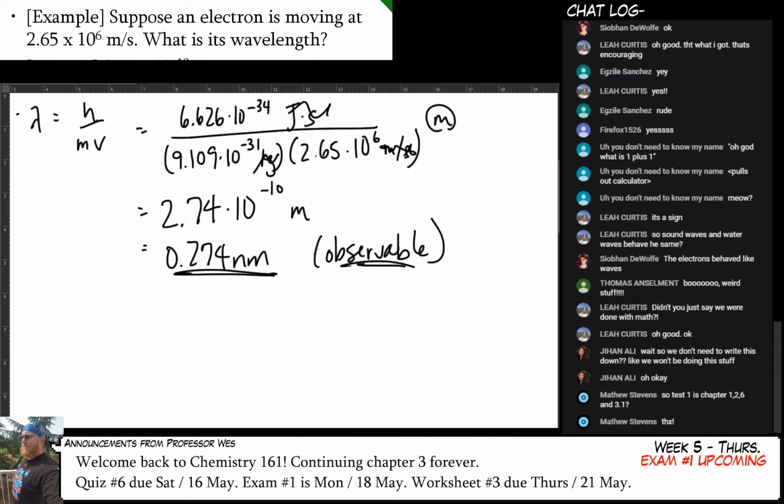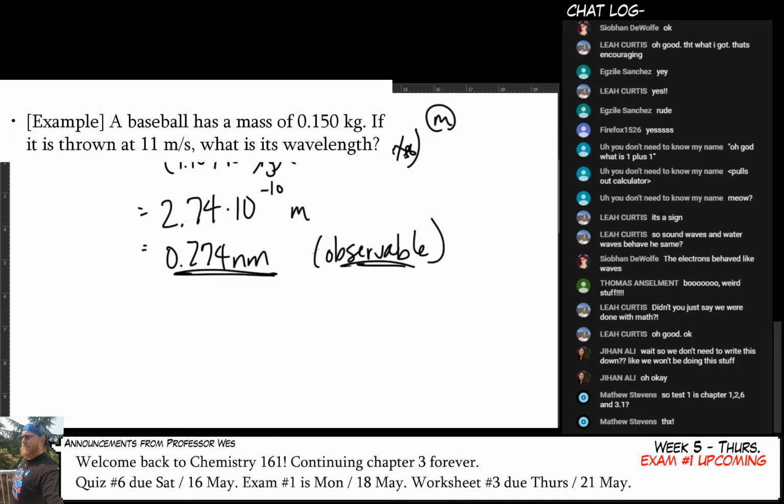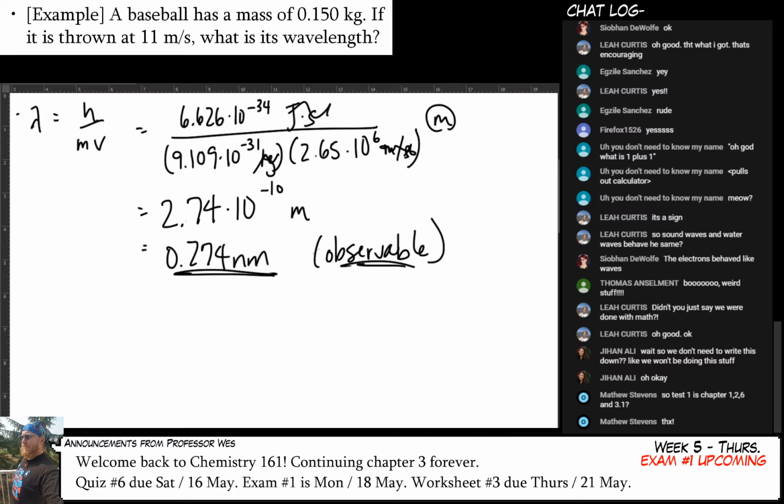But for the next problem, we're going to learn that the wavelength of this baseball is a little smaller. And so we do the same equation again, h over mass times velocity.